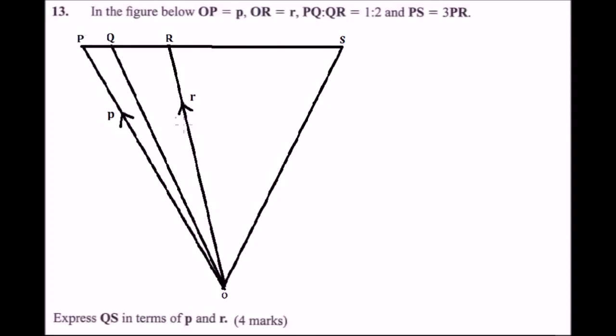So question number 13 of 2018 Mathematics Paper 2. We have been given a diagram here. So we are told in the figure below, vector OP is equal to P, OR is equal to R, the ratio of PQ to QR is 1 to 2, and we are also told PS is equal to 3PR.